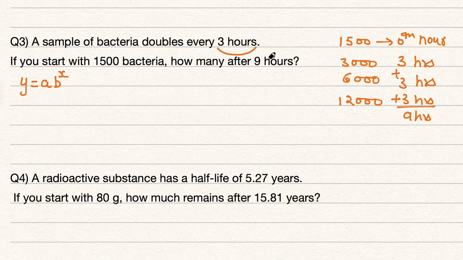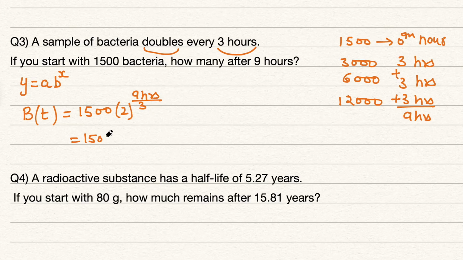But if you have to show your work in the form of an exponential equation, then how will you do it? You need the number of bacteria after a certain time, and the initial bacteria is 1500 and the growth factor is double. So it's not per hour, it's per 3 hours. If you have to calculate for 9 hours, you have to divide it by 3 hours, because there will be a total of 3 different calculations.